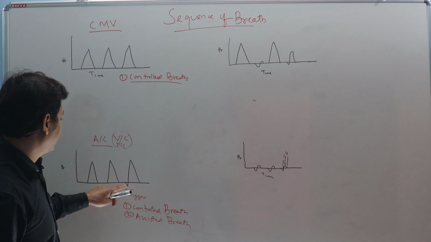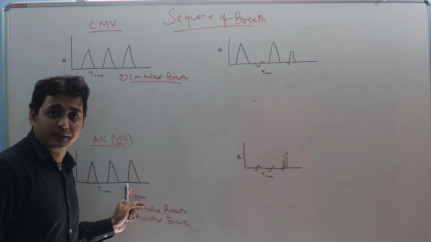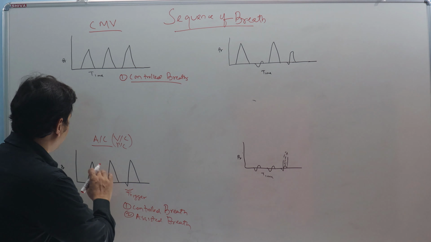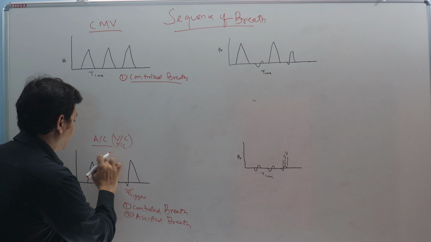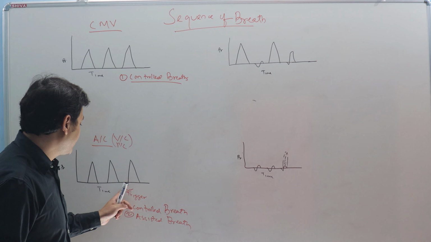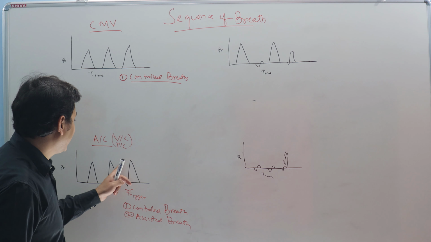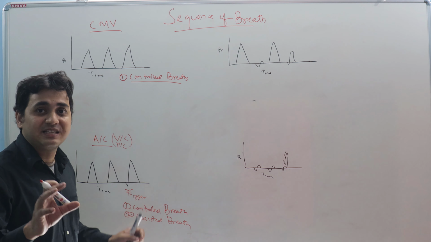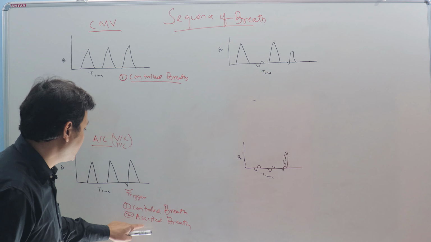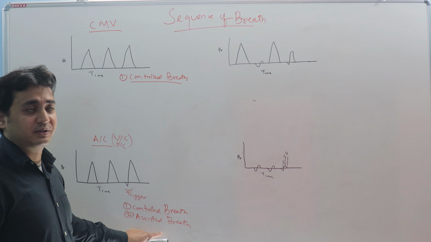Assisted breath means the patient has triggered it and the ventilator has assisted it. So here also all the volume will be same, pressure achieved will be same, the only difference being it is triggered by the patient and the ventilator supplements with a preset tidal volume or pressure. There are 2 kinds of breath here, controlled breath and assisted breath.